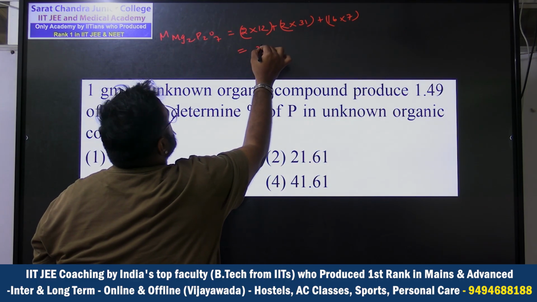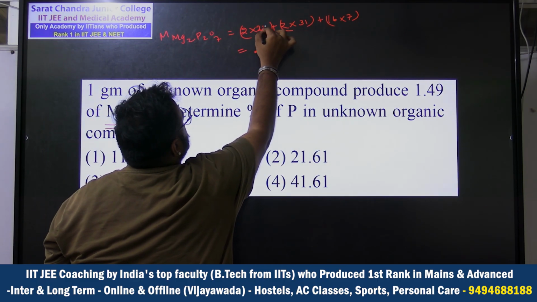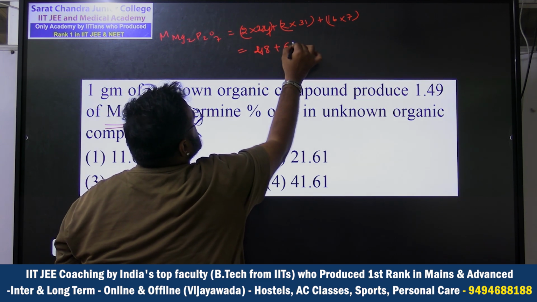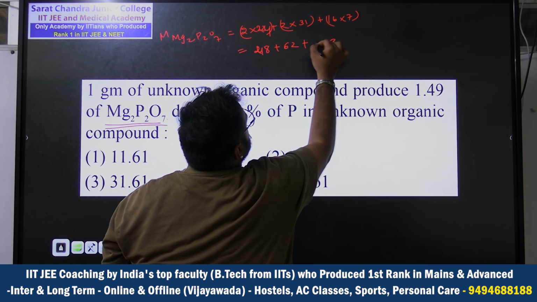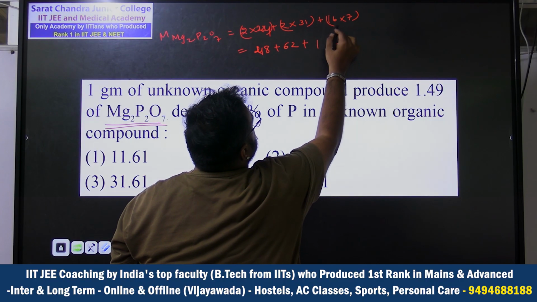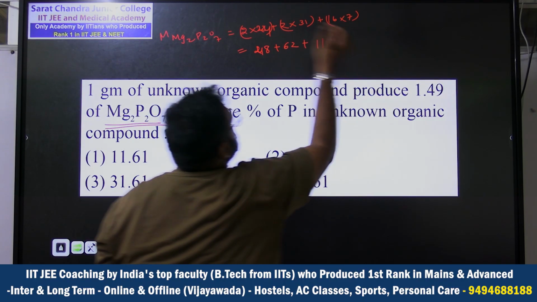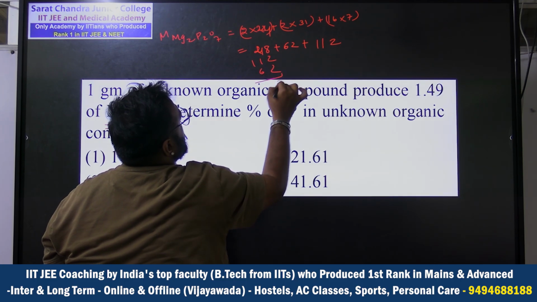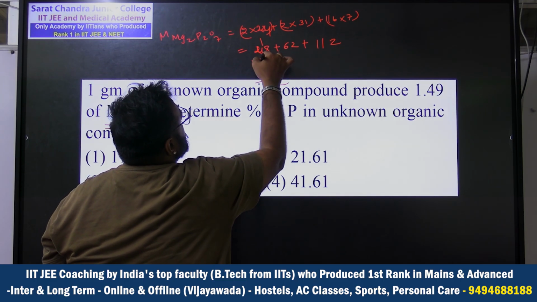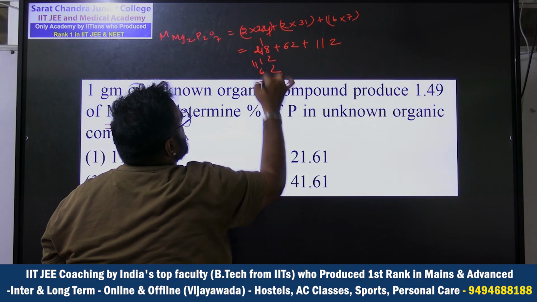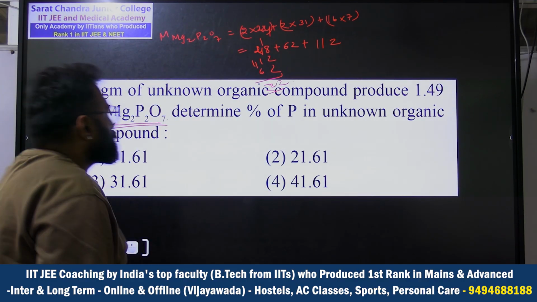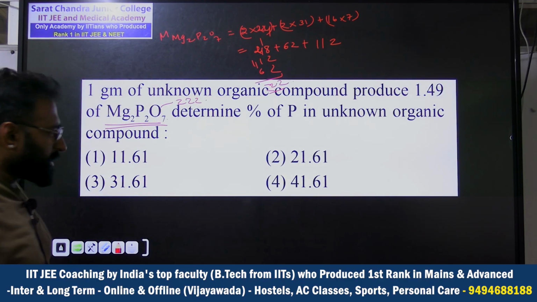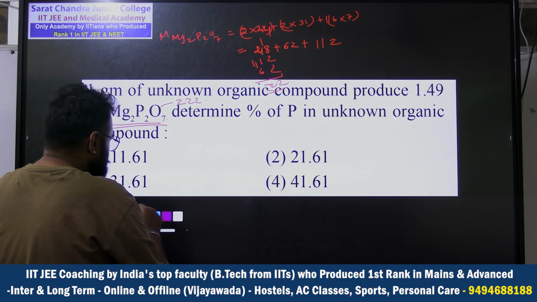Magnesium is 24, so 2 into 24 is 48, plus 62, plus 112. So the molar mass of Mg2P2O7 is 222. Correct? Now use simple logic.